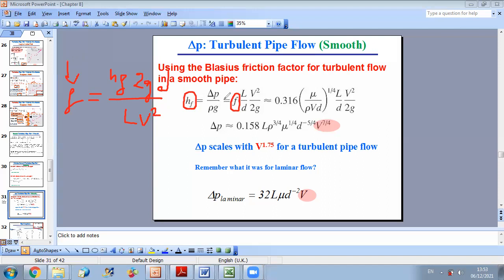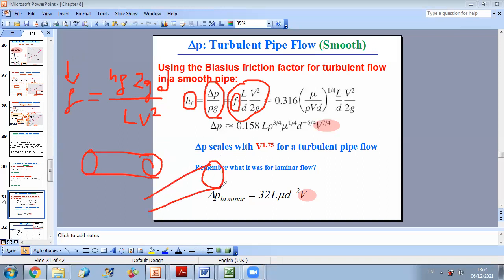And of course, we have seen that the friction head should be balanced by a pressure head. So the pressure drop will be the driving force for the flow, of course, if I'm considering a horizontal pipe. And we have seen what to do if we have a vertical pipe: we can put the modified delta P accounting for gravitational effect.